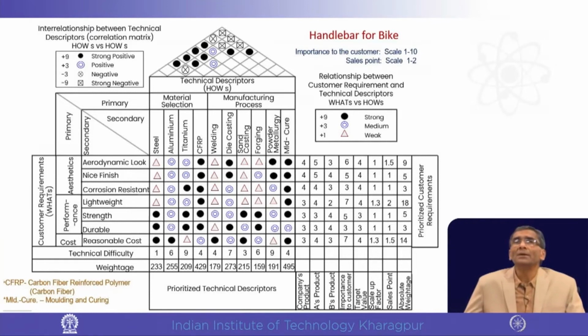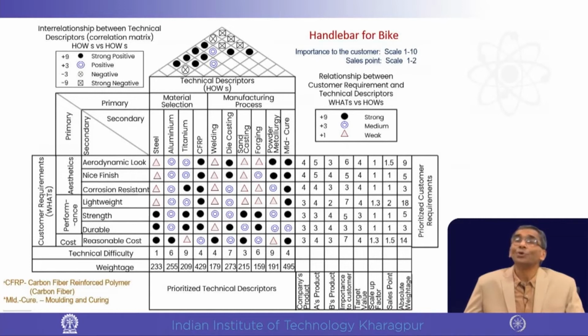For example, molding for plastic is a very strong relationship, and say for steel and die casting, it is not strong at all.